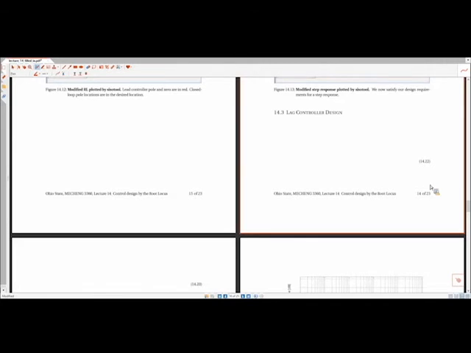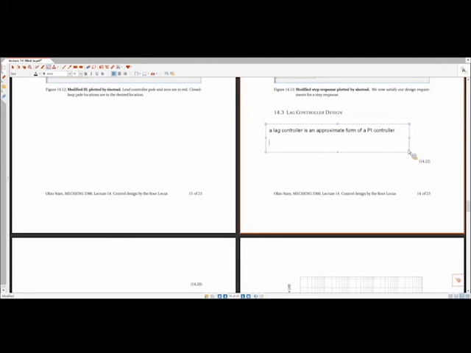All right, so lag control design. So a lag controller is an approximate form of a PI controller. So what's the purpose? Reminder, what's the purpose of a PI controller?